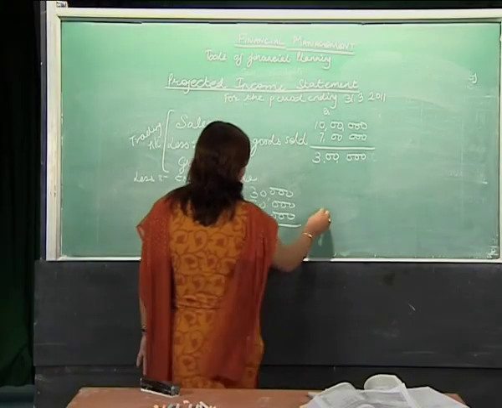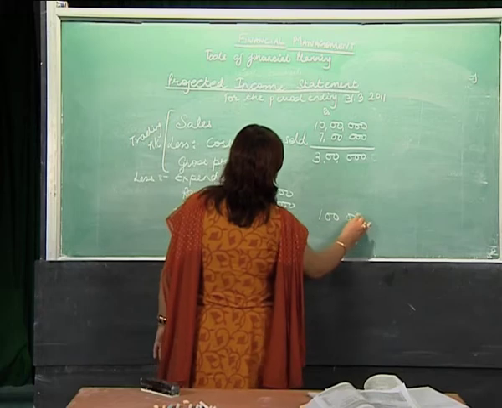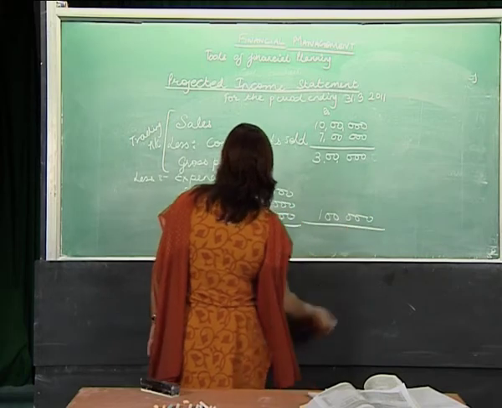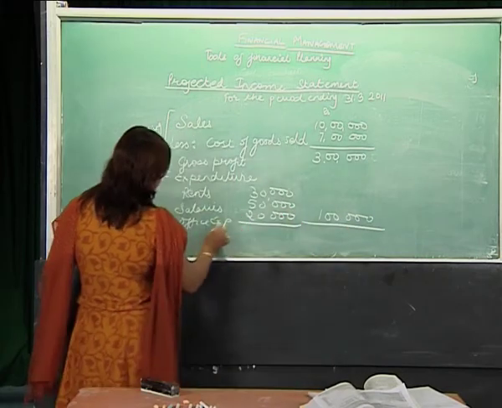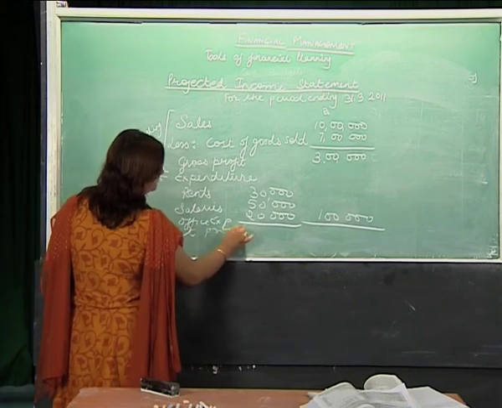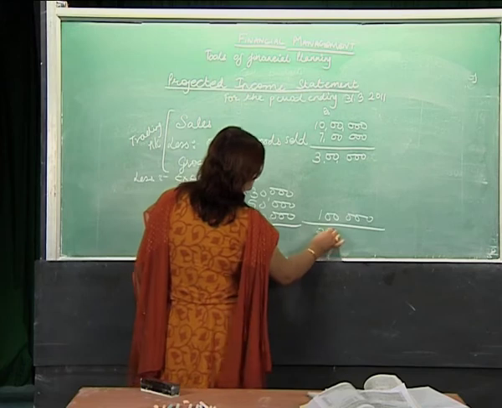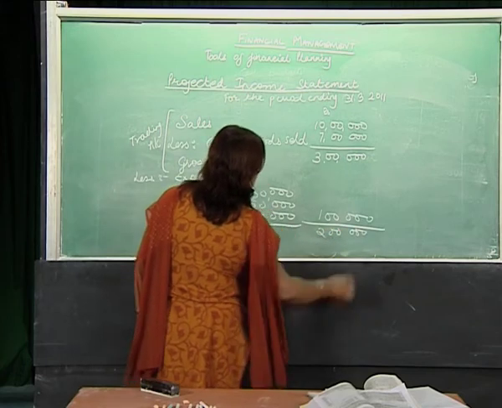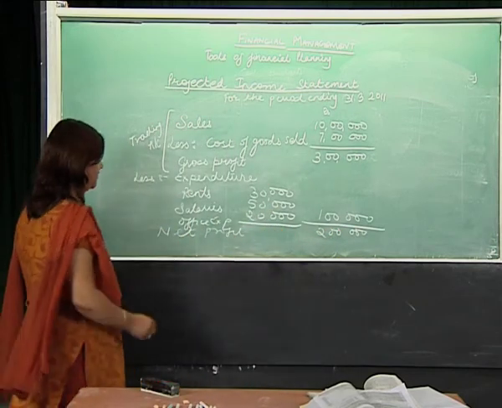So, together they are giving us a figure of 1 lakh. So, our net profit will be 2 lakhs. This is profit before tax and interest.